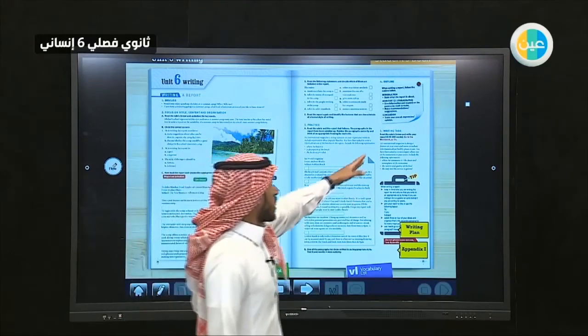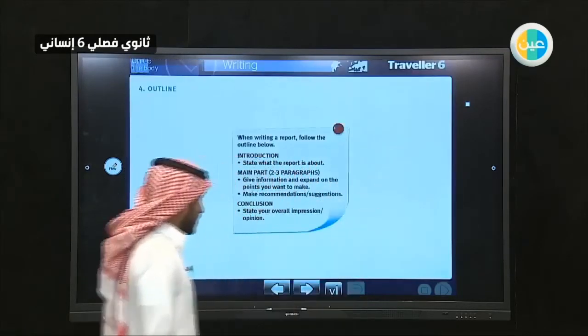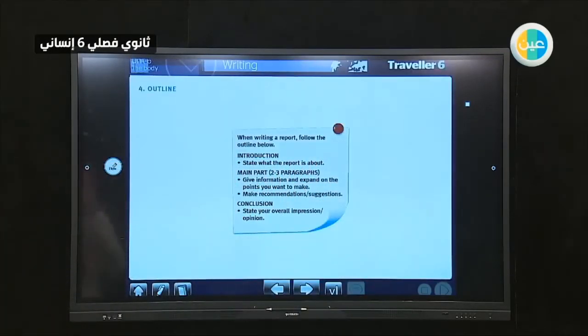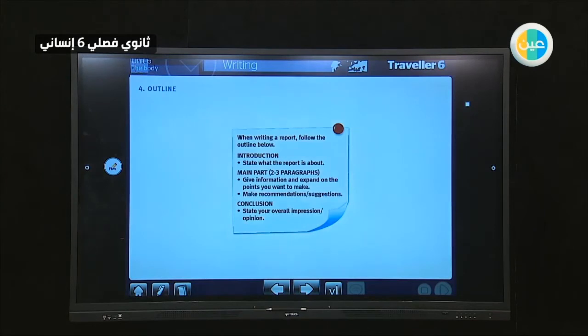Now let's go to the outline part. The idea or the concept of the outline is to organize your mind, to make writing the report easier for you by saying you start with this, then you write down this point, then you add that point.